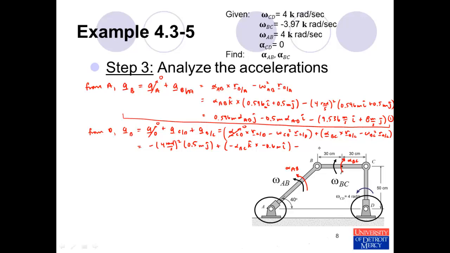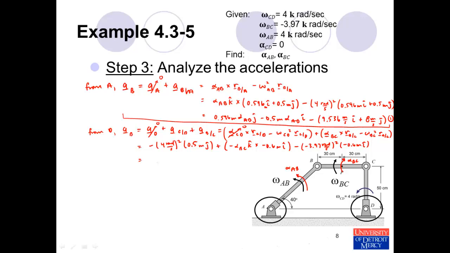And then we have negative the angular velocity of omega BC, which we have from the previous problem, negative 3.97 radians per second. We square that whole thing and multiply it by the position vector.